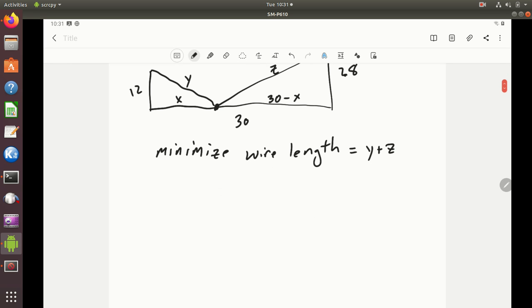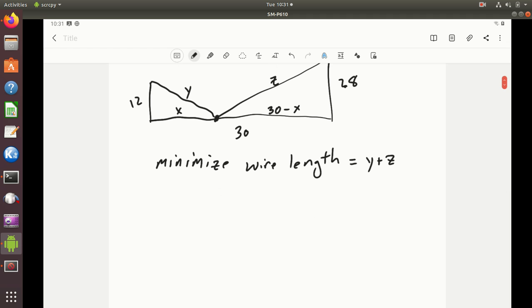So again, we're trying to minimize something of two variables, but we have constraints. We've constrained x, so this is subject to x has to be between 0 and 30. But also, assuming these poles are put straight up, x and y need to satisfy the Pythagorean theorem.